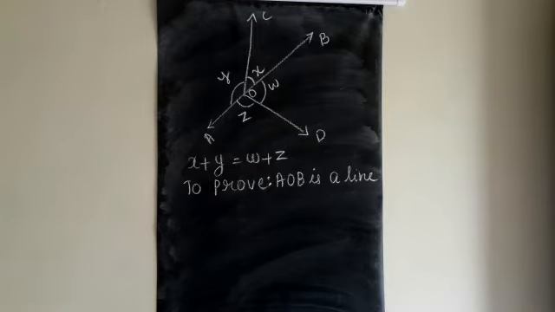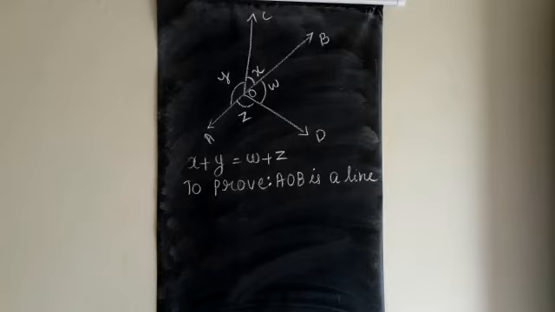Moving to our fourth question. In the figure, it is given that x plus y is equal to w plus z, and we have to prove that AOB is a line. What do we have to prove? AOB is a line.